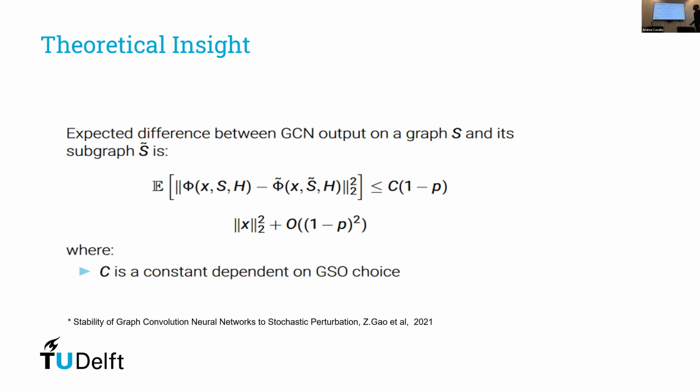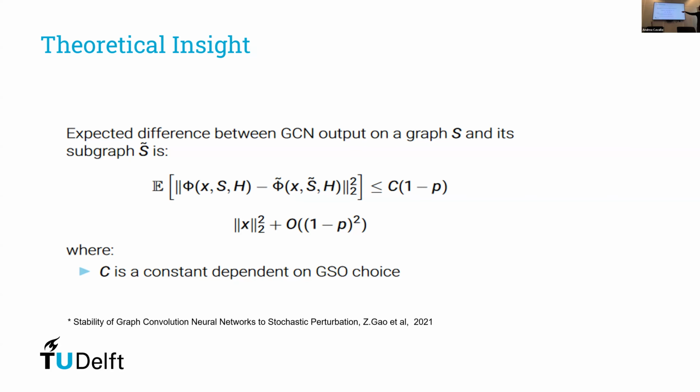So there is this theory derived in this work on stability of graph neural networks to stochastic perturbation. The theory says that if you have a graph and a subgraph, where the subgraph in this case is just a modified graph, so think of the same graph that has lost an edge, the expected difference between the GNN model outputs can be bounded by this formula.